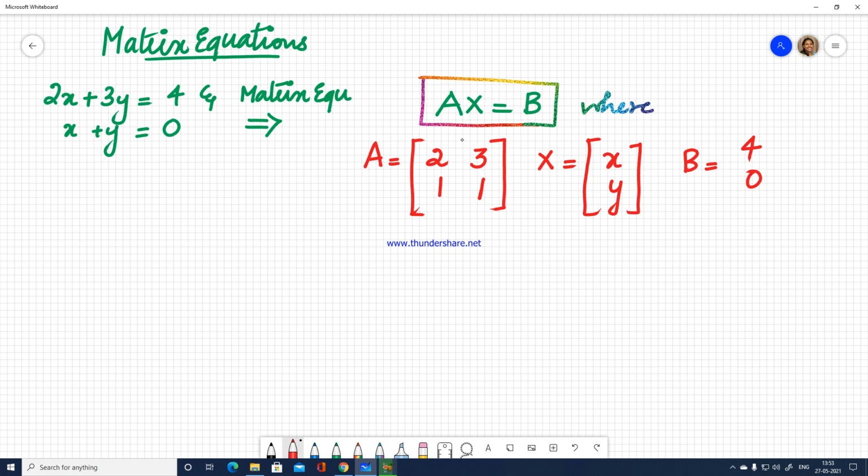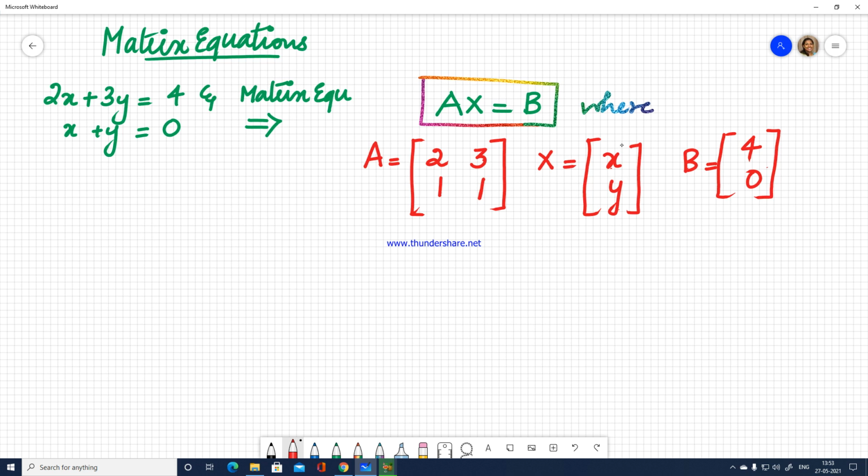So the expression is 2 into x plus 3 into y equals 4, and 1 into x plus 1 into y is equal to 0. This is how we convert the linear equation to a matrix equation.